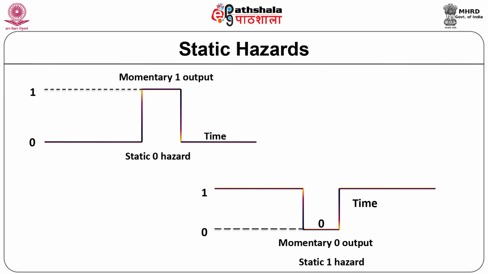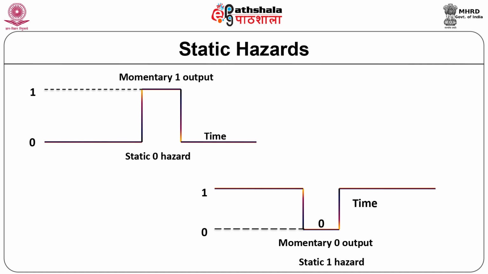Static hazard in a logic network is a transient change of an output value which is supposed to remain fixed during transition between two input states differing in the value of only one variable. When the output is supposed to remain at static condition 0, but goes to logic 1 momentarily during the transition of the input states, then the hazard is called as static 0 hazard.